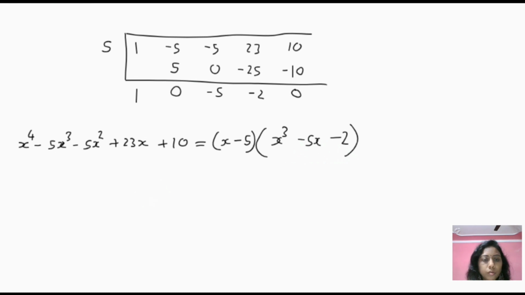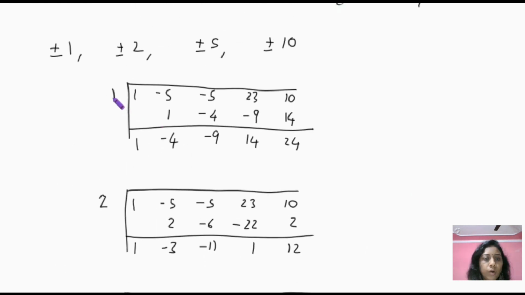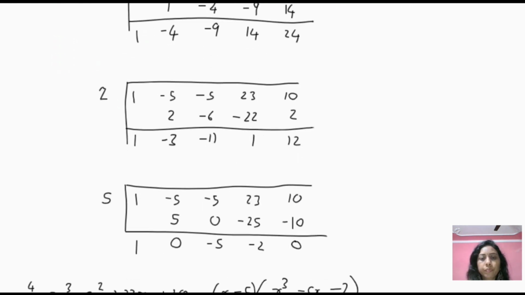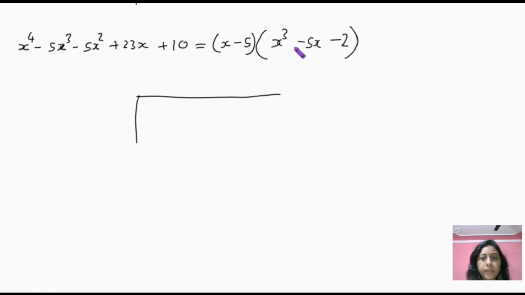Okay. So we know that we already saw here that 1 and 2 are not zeros of the given polynomial because we didn't get remainder 0. So we can start with minus 1, minus 2, like that. Okay. So here the coefficient of x to the power 3 is 1.